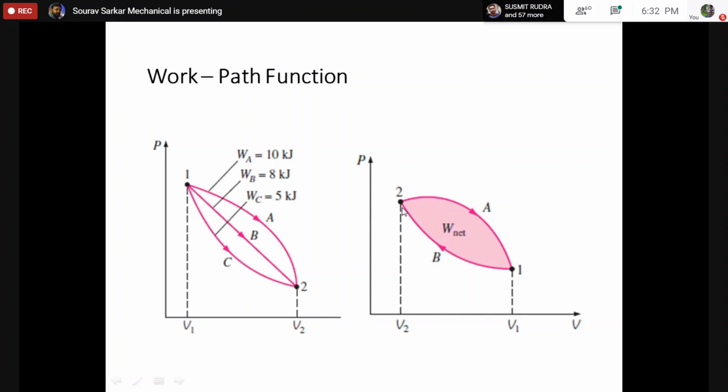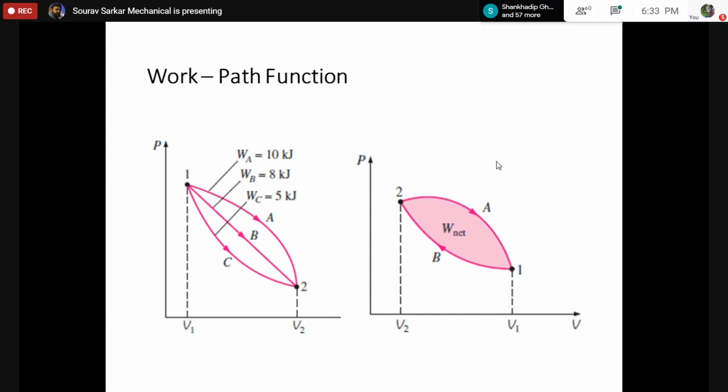Now the question is whether this is a compression or expansion. This is a compression, because you are moving from a higher volume to a lower volume. During this process there will be some negative work. That means some work is done on the system. From outside, you are working on the system. So basically it is a compression.